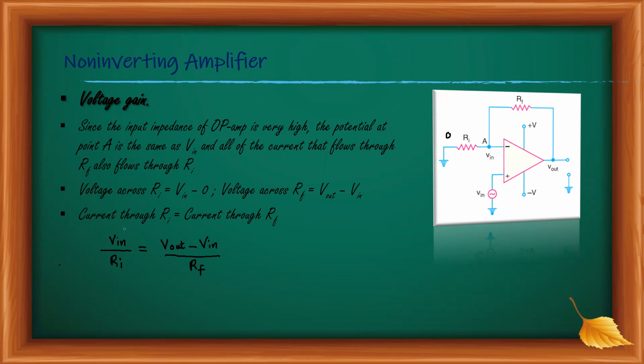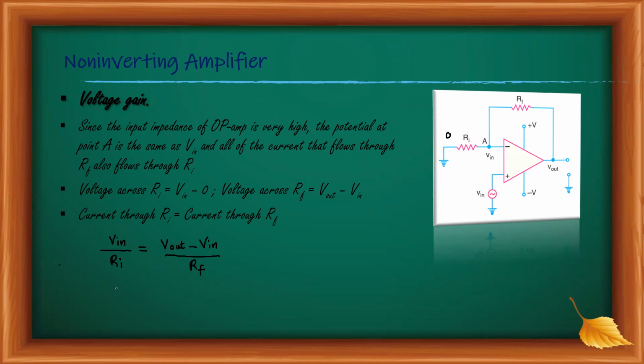We arrange the terms. We cross multiply this quantity. We interchange the numerator of the LHS and the denominator of the RHS.